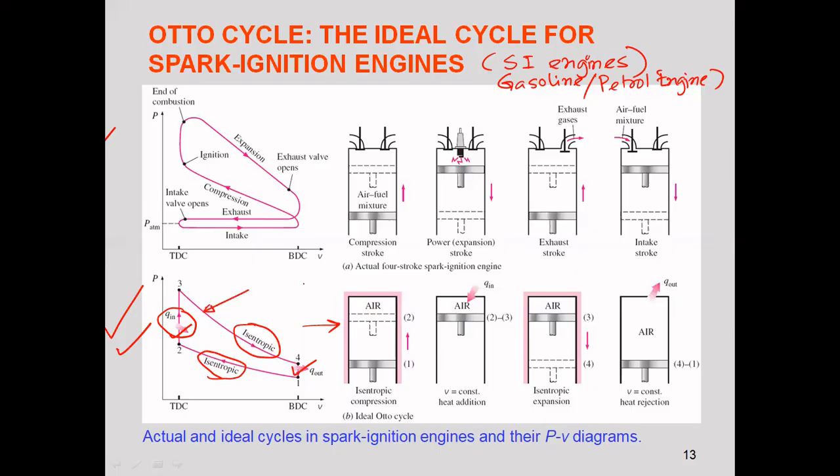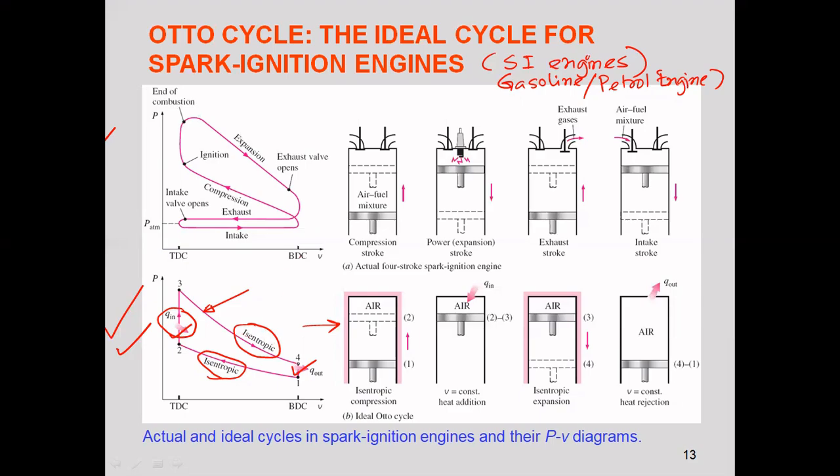So that is our aim. That is the target process which we want to make full use of. This is the work producing process, the expansion in the isentropic manner.